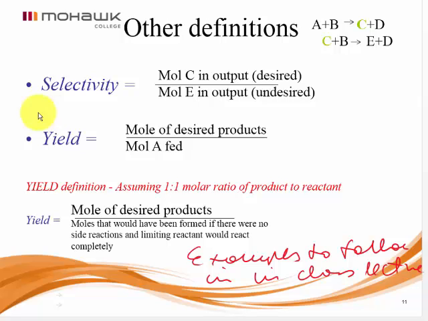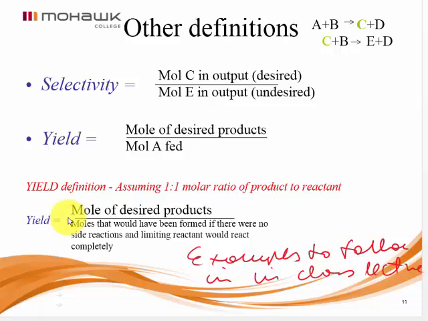Definition of yield. Yield would be a ratio of moles of the desired product divided by the moles of A that we feed into the chemical reactor, assuming that we have a 1:1 molar ratio of product to the reactant. In this case, we have 1 mole of A that would make 1 mole of C. A wider definition of yield is shown here.